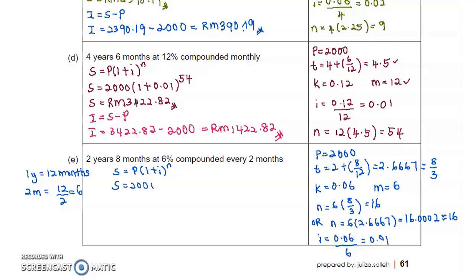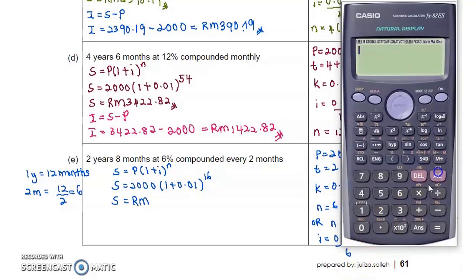So P is 2000, 1 plus i, just now 1%, 0.01, and n equal to 16. So 1.01 to the power of 16 multiplied by 2000, 2345.16.